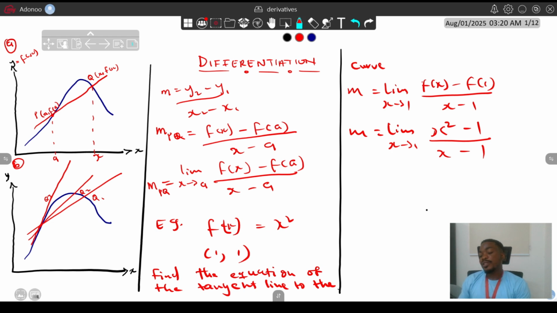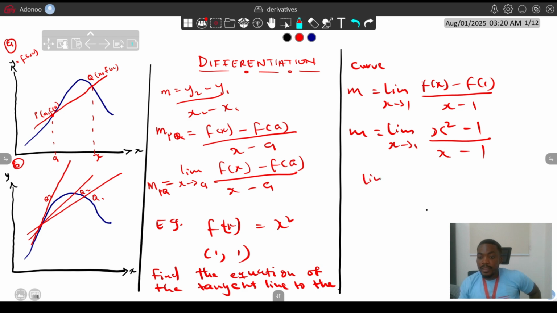Now, let's look at this function. If we insert x equal to 1 into this, we get an indeterminate form, right? We are going to get the denominator to be equal to 0 here. So what do we do? We can simply simplify this function here, right?